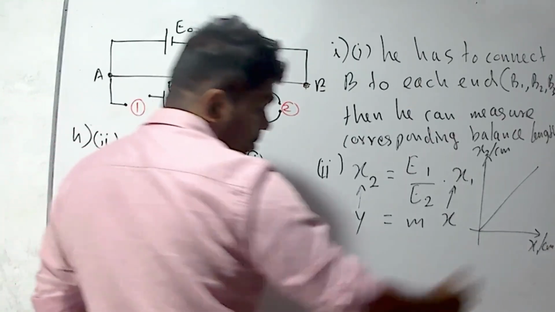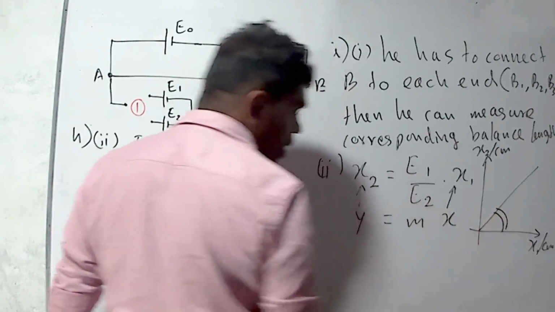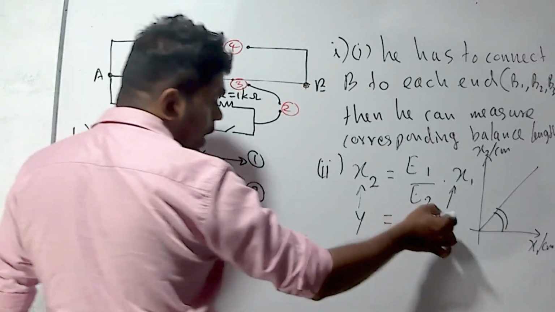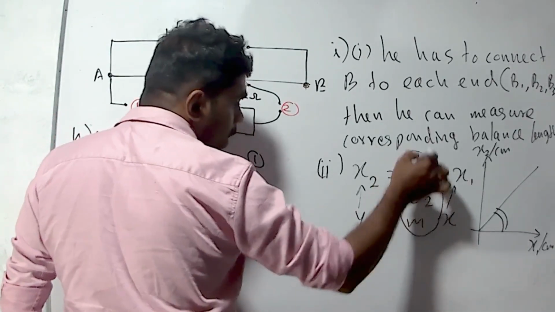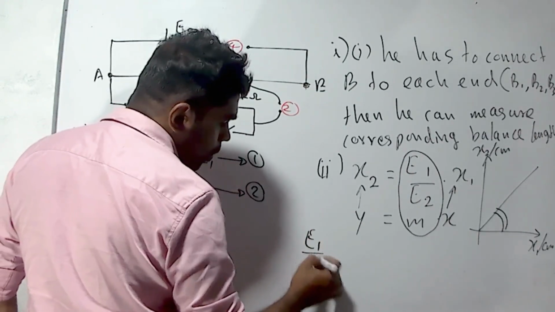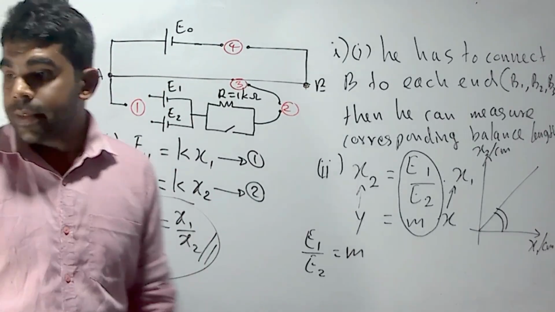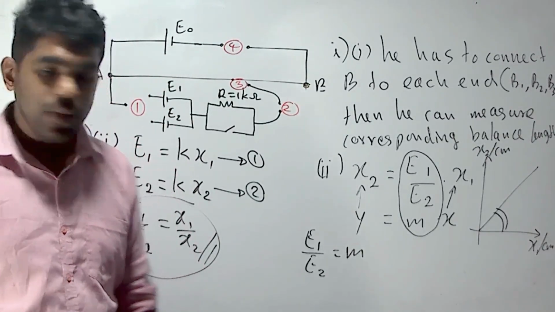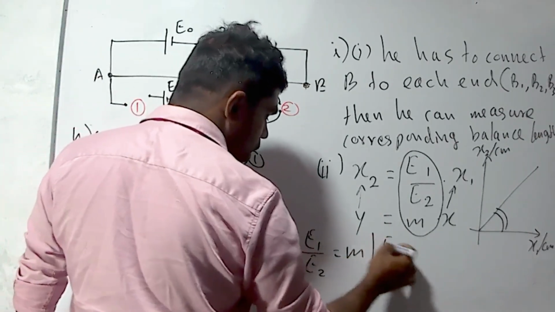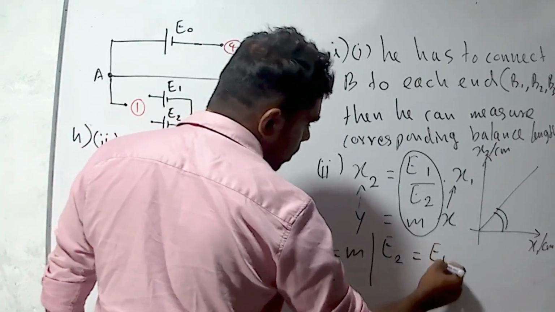Then we can get the gradient. Gradient means the tan value of this angle. It is given as simple length. Then we can equate the gradient of the graph to E1 over E2. Then we can write E1 over E2 equals gradient. They have given that E1 is a known value. We have to find E2. Then we can make E2 the subject: E2 equals E1 over gradient.